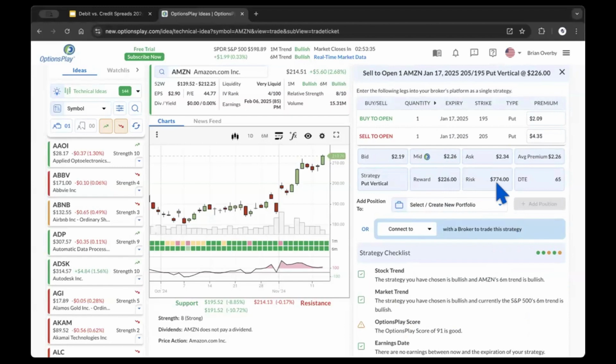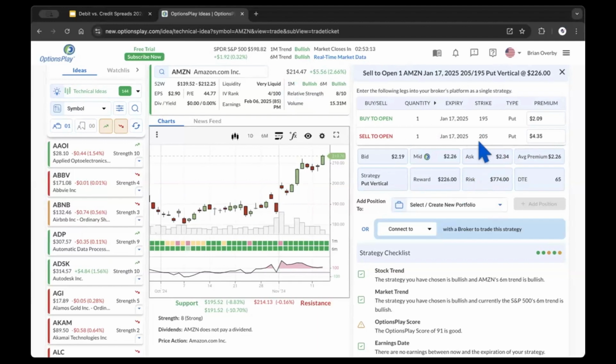This would be a way that I would flip the script and sell a put credit spread to be neutral to bullish, right? The market can now come down to the 205 strike before I start getting in trouble. So if the market just stays where it's at, well, I'm okay. And if it drips higher and goes higher, I'm even better.